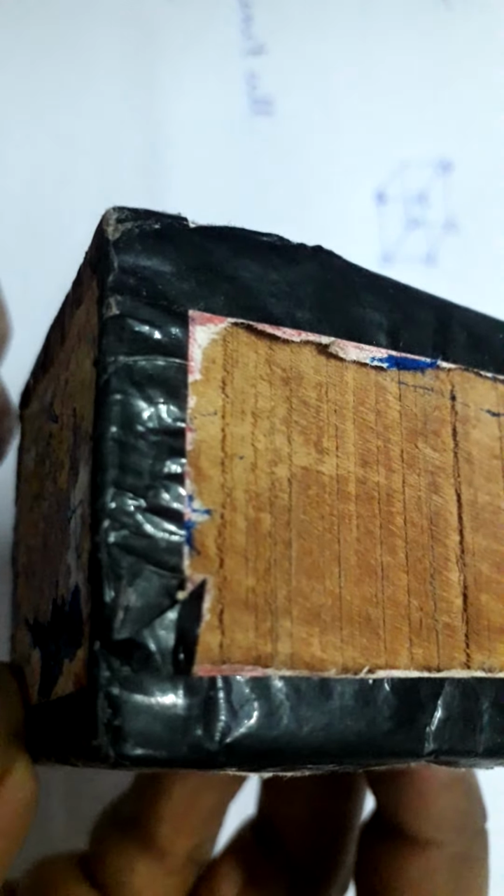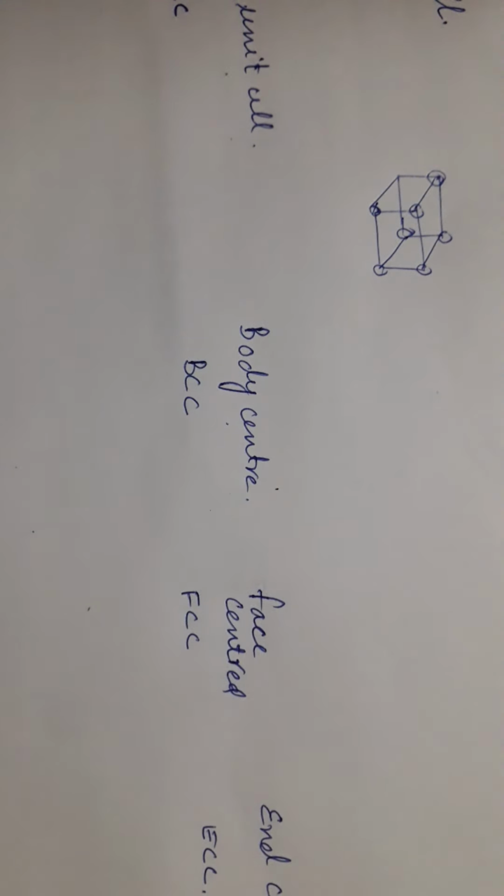So we have a total of 8 corners and 6 faces: 4 walls, and the upside and below side. So with the help of this, we are going to discuss the number of atoms present in these unit cells.